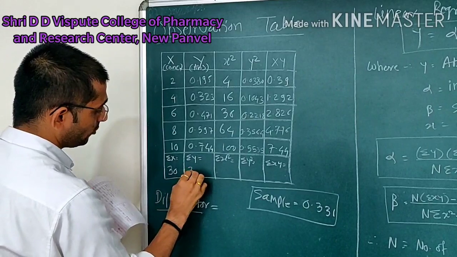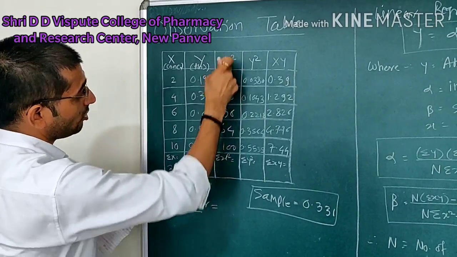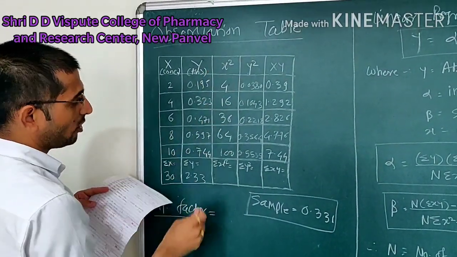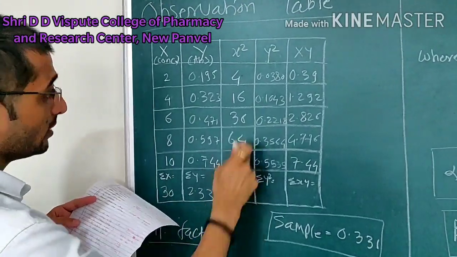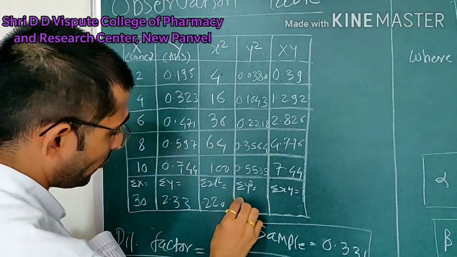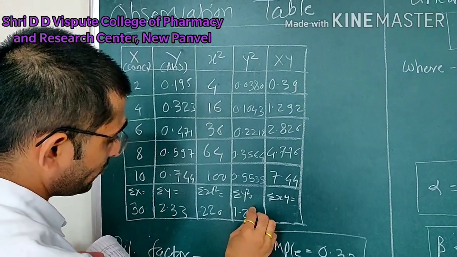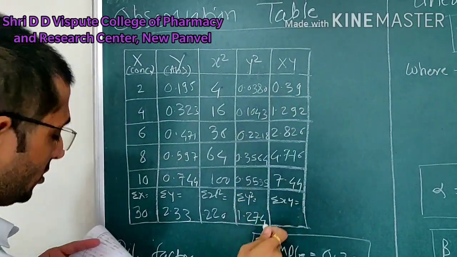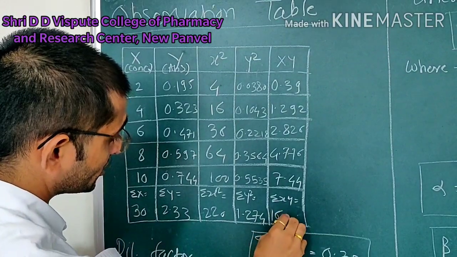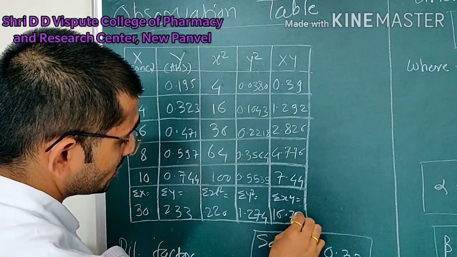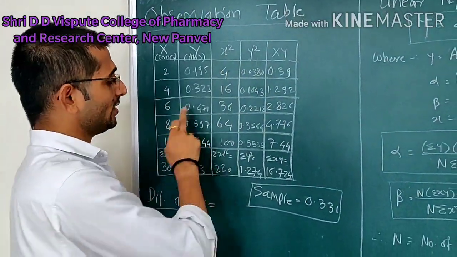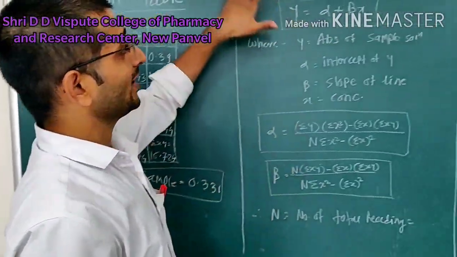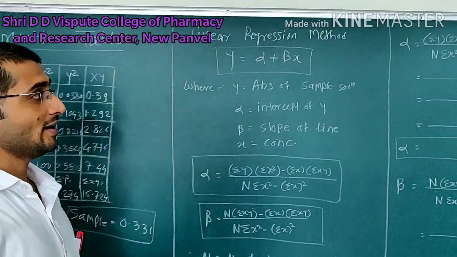Summation of y is 2.33. Summation of x square, the sum of all these values, is 220. Summation of y square is 1.274. Summation of xy is 16.724. So this table is generally required for the calculation of the linear regression method.